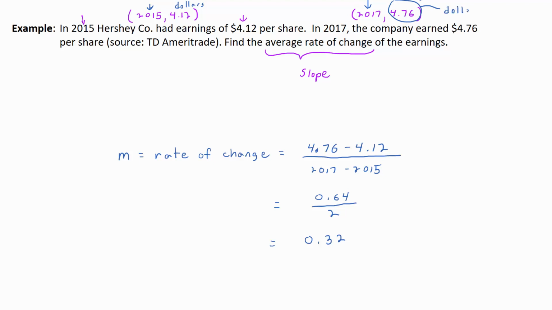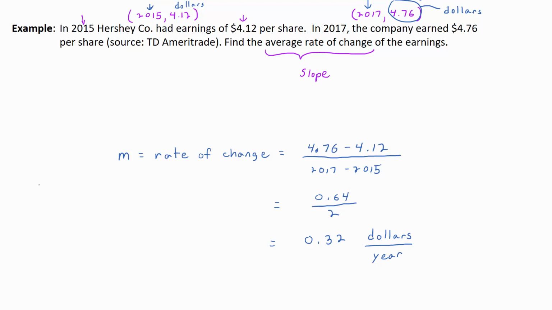Oh, and again, leave off the per share. It's understood that earnings is per share, so you can just leave it as 0.32 dollars for your rise units. And your run units are in years, so just dollars per year, the division bar means per.